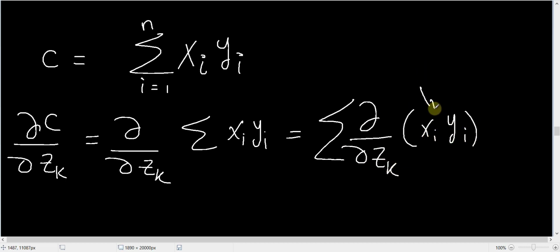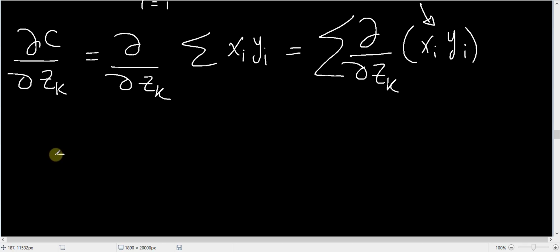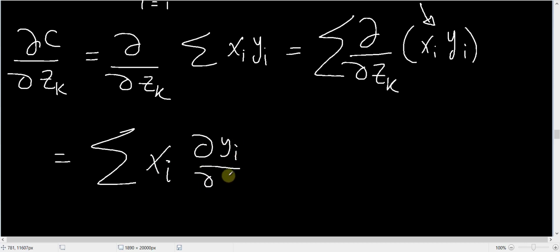Now this is the product of two scalars, so I can apply the original scalar product rule. So this is equal to sigma of xi partial yi by partial zk plus yi partial xi by partial zk.